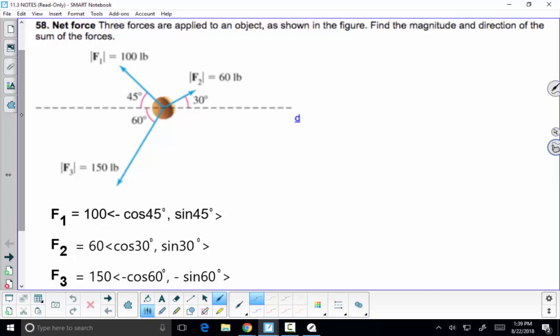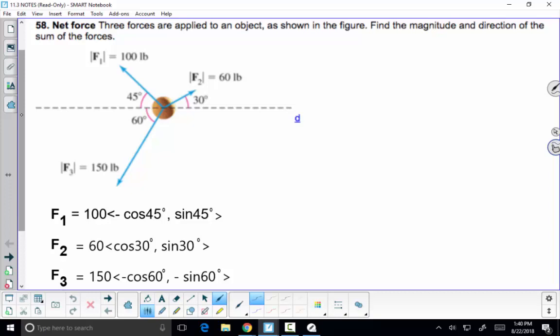In this one, coming from 11.1, we've got an object with 3 forces being applied to that object, and we want to know what happens. If you have 3 kids pulling on a rope that's attached to something that moves, we want to know what direction it is moving when all those forces interact with each other.